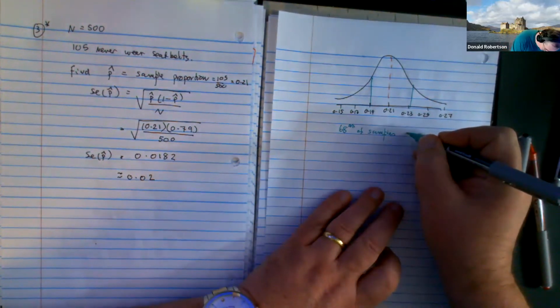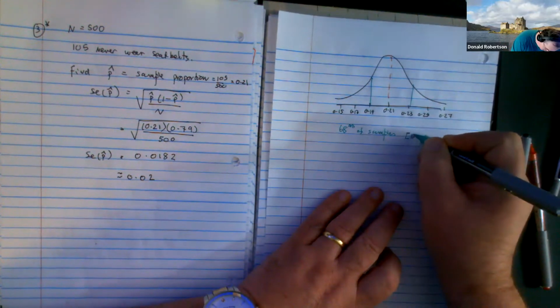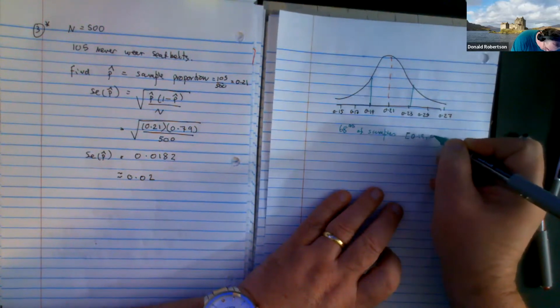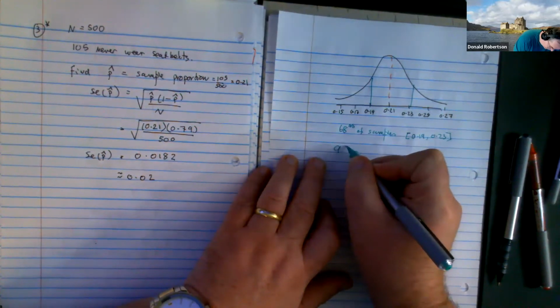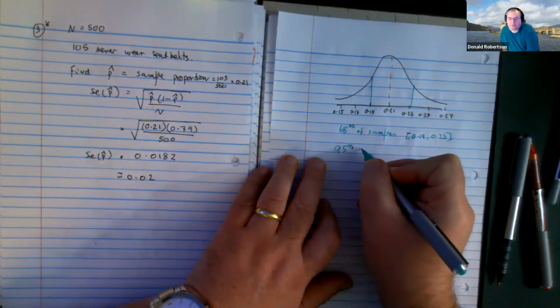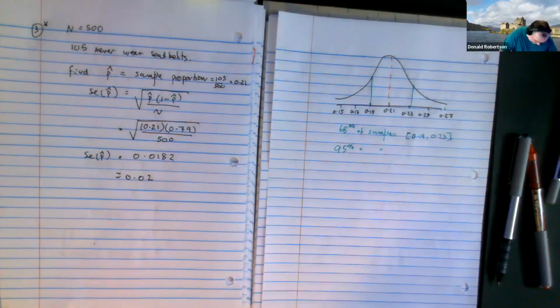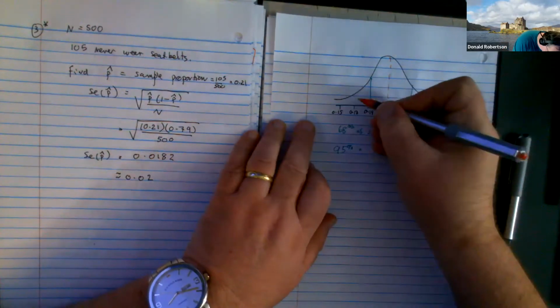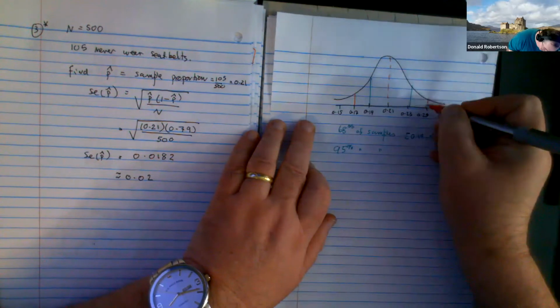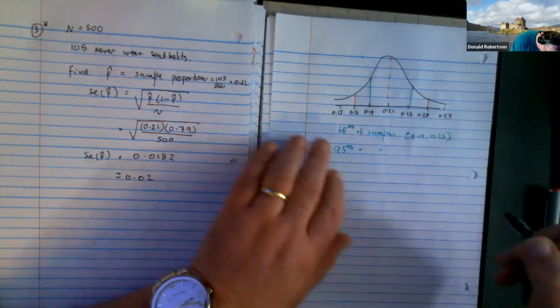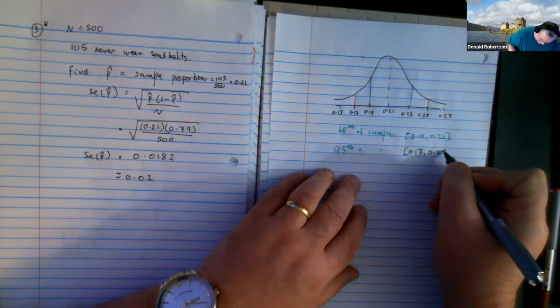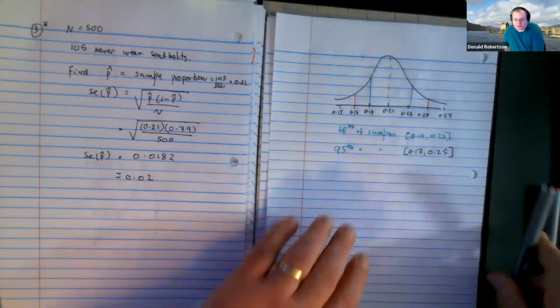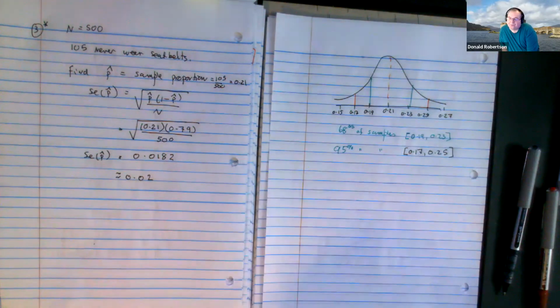So in the range 19 to 23%. 95% of all the samples, aren't they going to fall within the range 17 to 25? Can anybody remember the ugly third one in this list? 99.7.